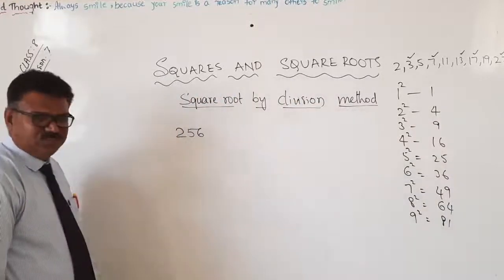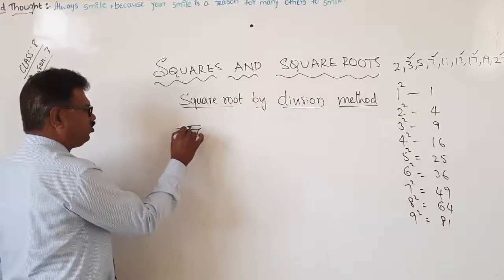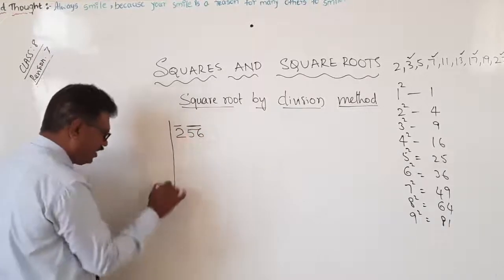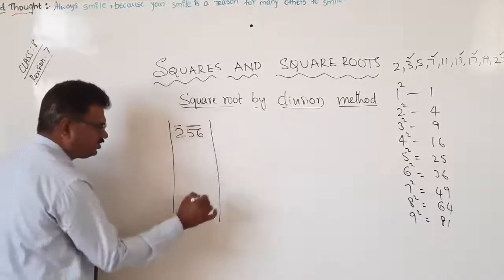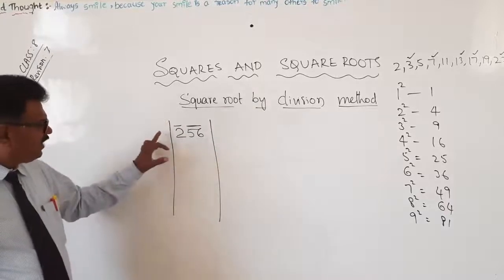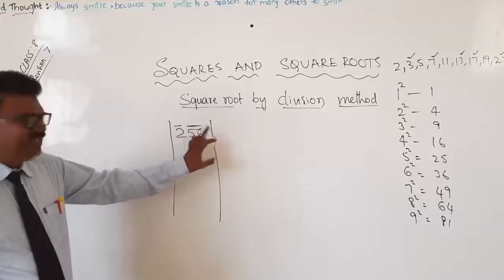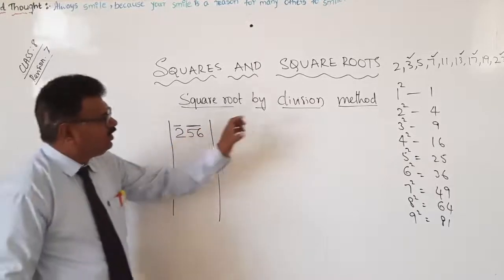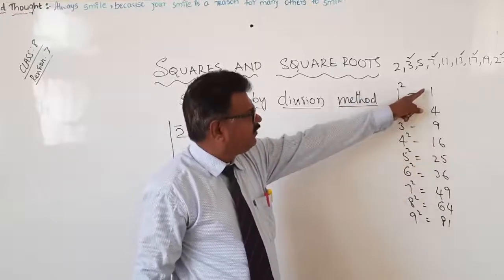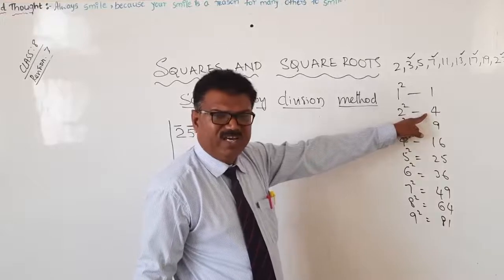After writing, from the right side we have to make pairs. Pair means two numbers. For this there is no pair, so we have to write it like this. Now, draw lines. The rule is, whatever number you write here, the same number should be written here. Therefore, we should see 2. Where does 2 lie between these? It lies between 1 and 4. 4 we are not supposed to take.